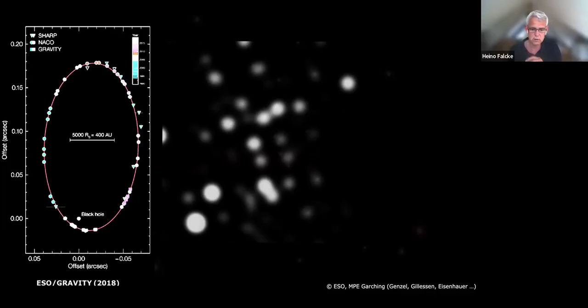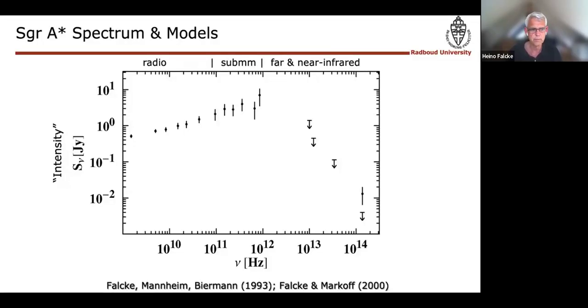And for that work, Reinhard Genzel and Andrea Ghez received the Nobel Prize a few years ago because they very precisely measured the mass of that object. However, they were still a factor of 2,000 away from the black hole. It meant there was a very compact region, a lot of matter combined in a small place, but it wasn't telling us yet whether it's a black hole or not.